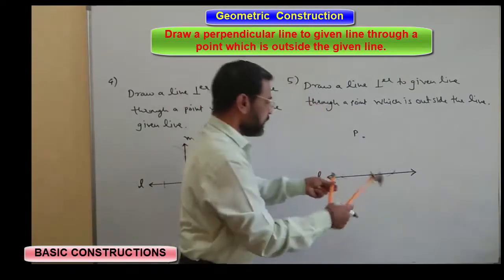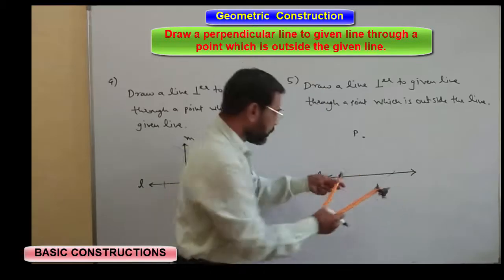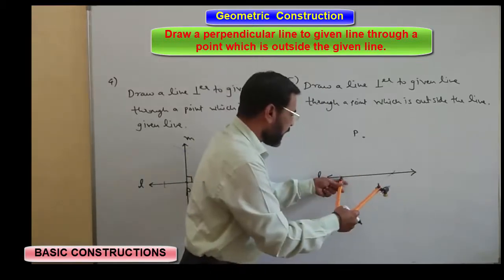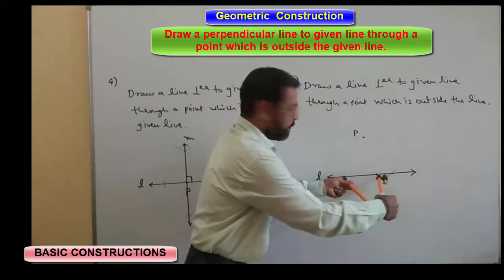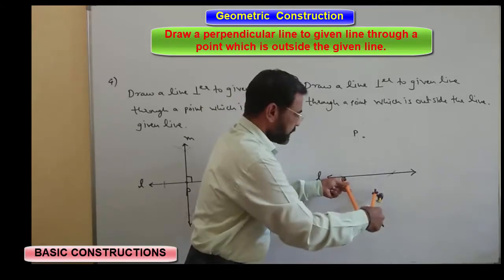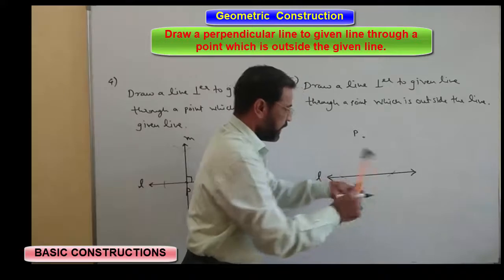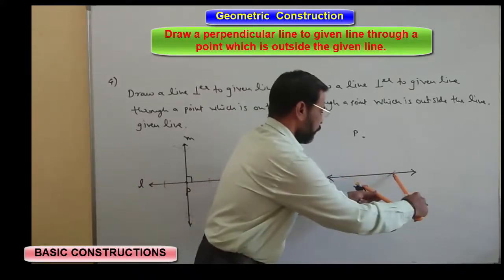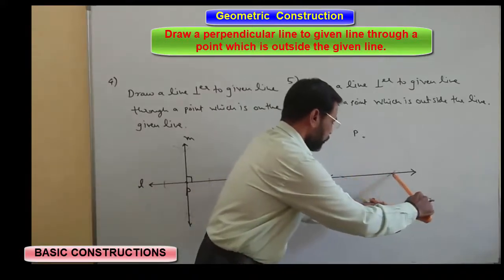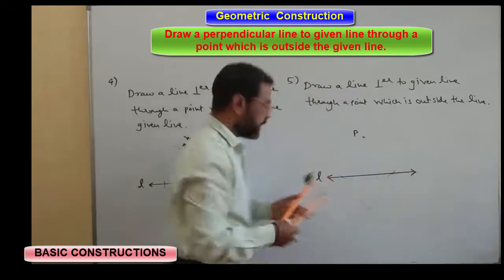So, after getting these 2 points here, again I will take a distance in the compass, more than half of this particular segment, from P, and draw an arc like this. Okay? And from the other point also, we draw an arc on the same arc here. Here it is the point.